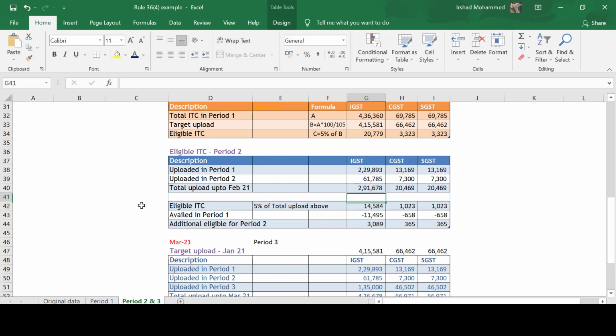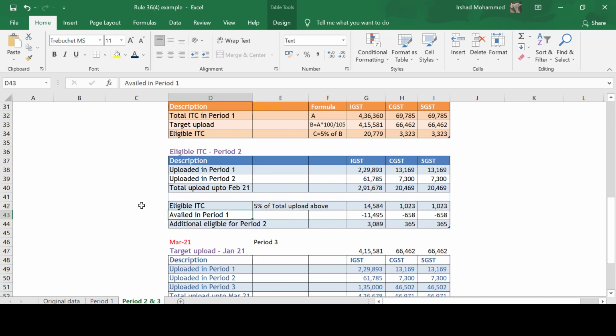So these are the total uploads, and we will compute 5% of total uploads like this. So this becomes our eligible credit on year-to-date basis. So total eligible credit for both January and February.